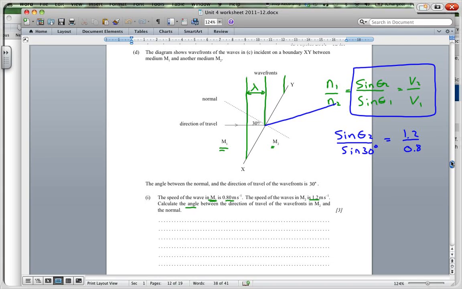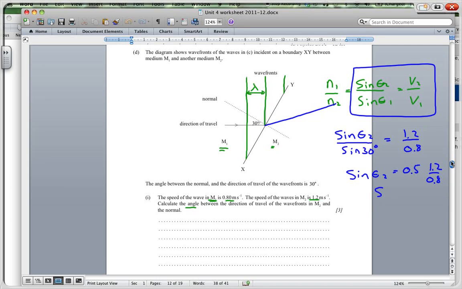0.8. So we're going to get the sine of theta 2 is equal to 0.5, because the sine of 30 is equal to 0.5, times 1.2 over 0.8, and we can just do that on our calculators. 1.2 divided by 0.8 is equal to 1.5, times 0.5, we get 0.75.